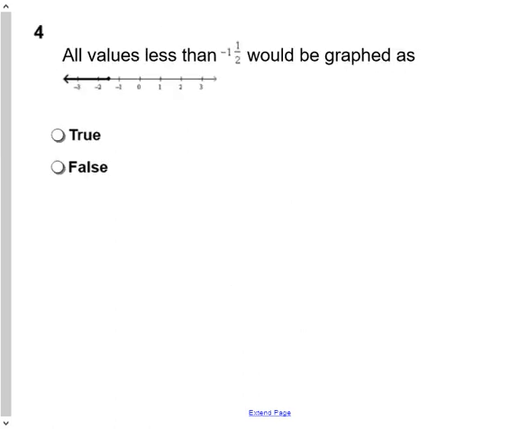Question number 4 says all values less than -1.5 would be graphed as the following. And since this is a closed boundary point, it is all values that are less than or equal to -1.5, and not all values less than -1.5.